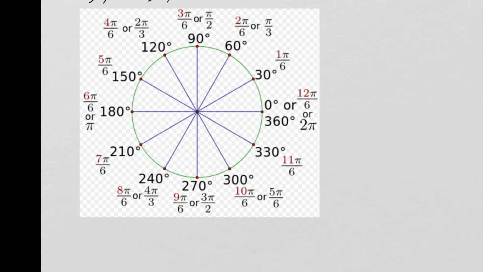Okay, there's another concept called finding a coterminal angle, and that means basically 2 angles that have the same terminal side. So let me explain how to do that.